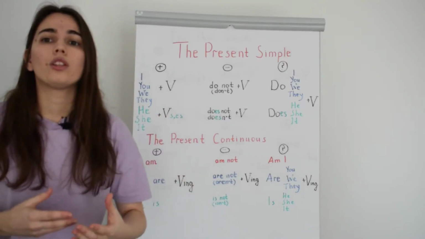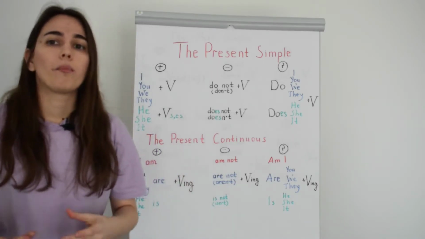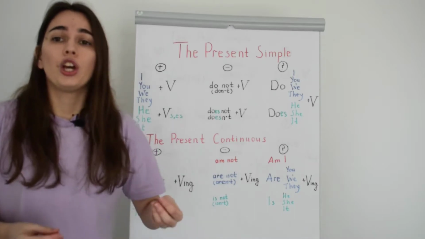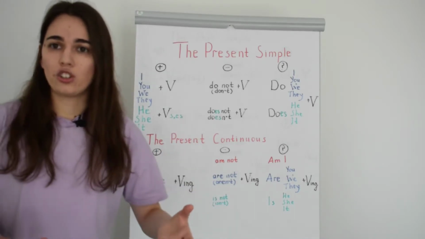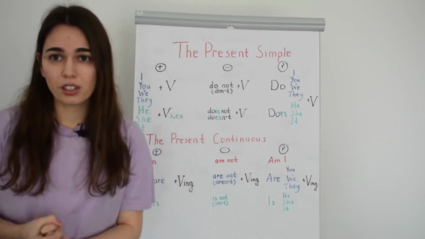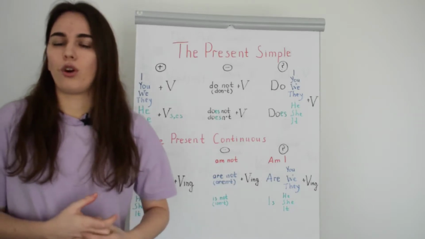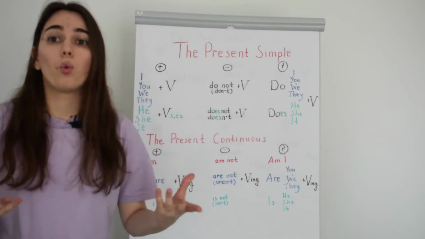Also, if you want to ask people about something in general or about their routine, you also ask these questions in the present simple. You say, do you read books? Or do you cook? Do you go, for example, somewhere?